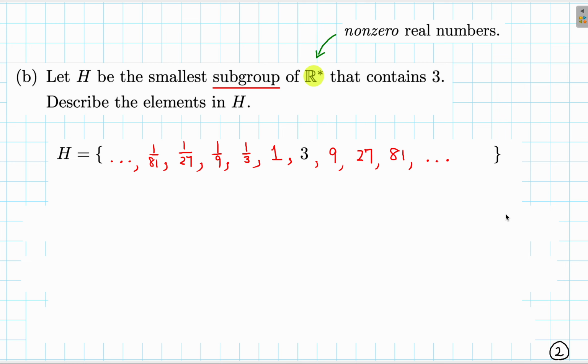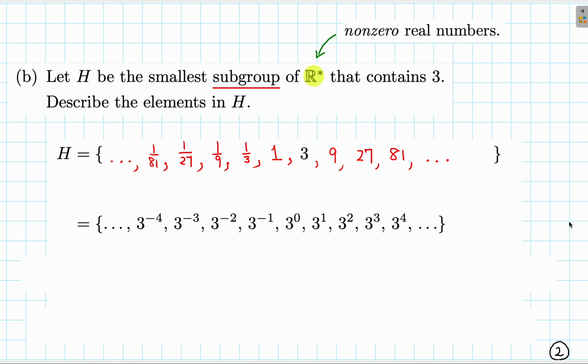To summarize, we are left with all the powers of 3, including 3 to the 0, which is the multiplicative identity 1. We have all the positive powers of 3 and their multiplicative inverses, namely the negative powers of 3. If H is to be a subgroup of R star, at a minimum those elements have to be in there if we're starting off with the element 3.